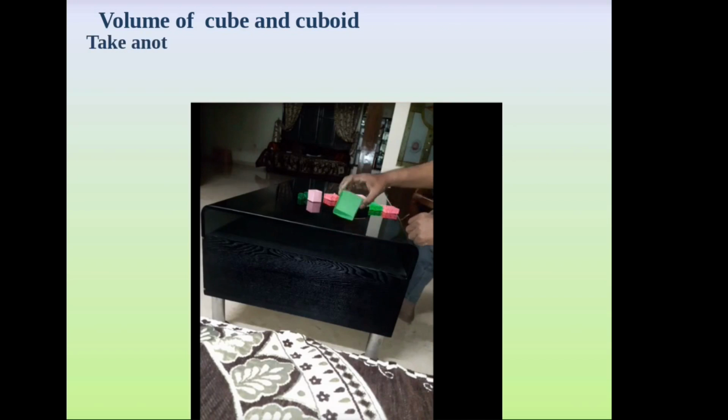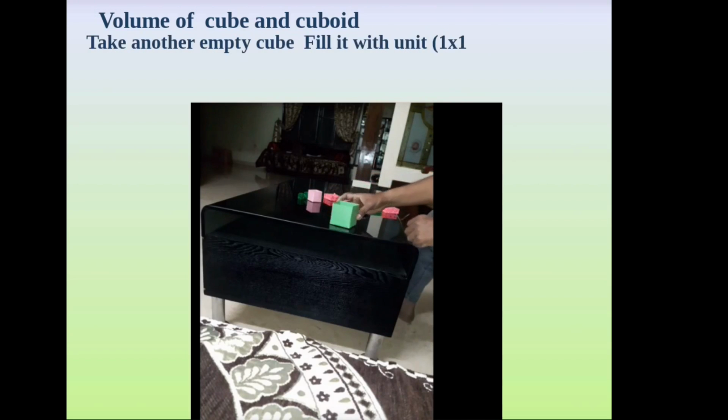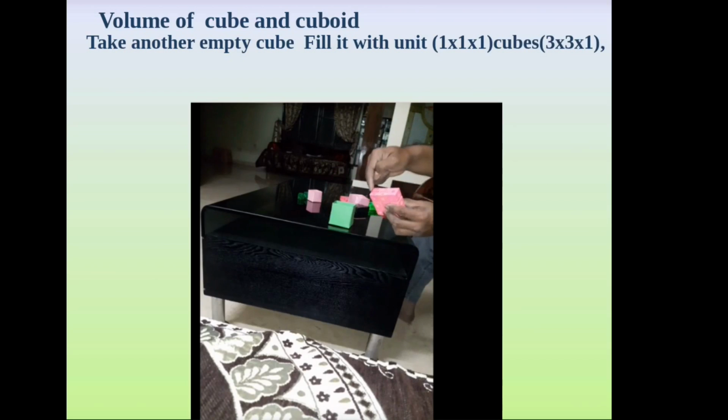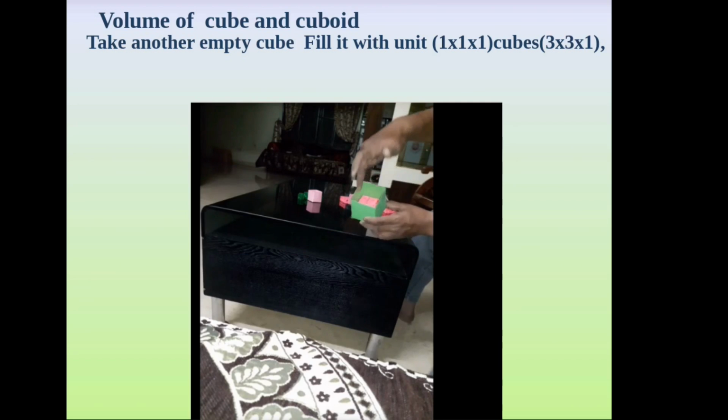Now take another empty cube to generalize the formula. Fill it with unit cubes. Now a block of 3 into 3 into 1 cubes is inserted inside the box. It is exactly inserted inside another 3 into 3 into 1 block. Some empty space is seen.